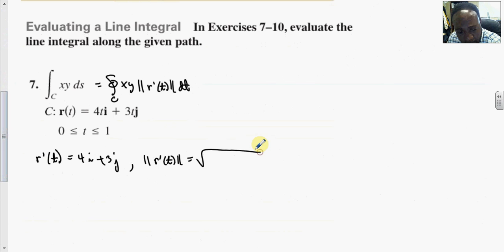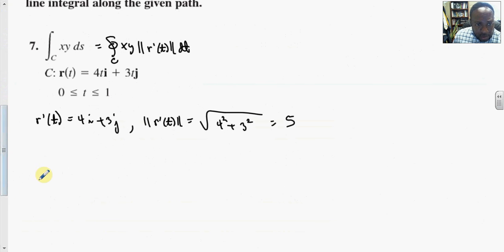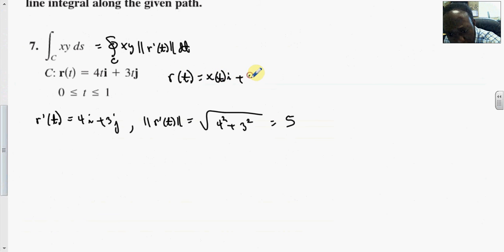So this is the square root of 4 squared plus 3 squared, and that gives us 5. So now here, notice that based on the definition, r of t is defined as x of t i plus y of t j.